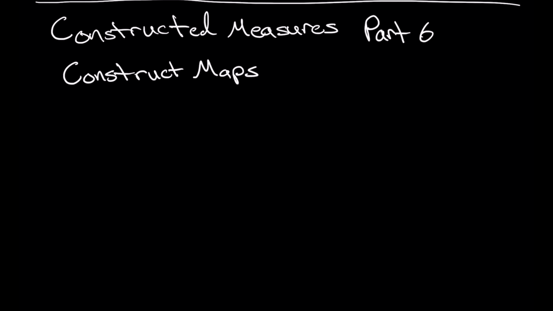The general idea behind a construct map is that we sort the construct from high on our construct X versus low on whatever our construct X is.